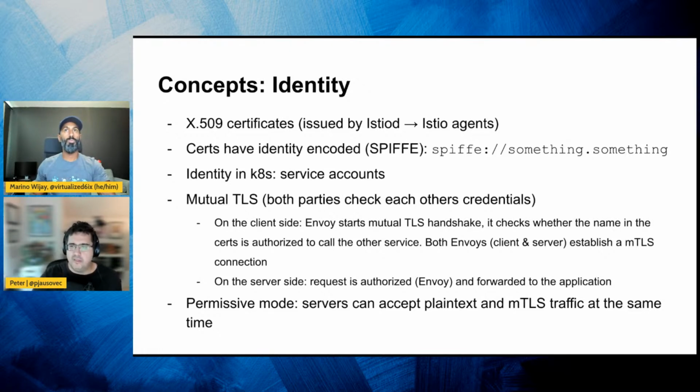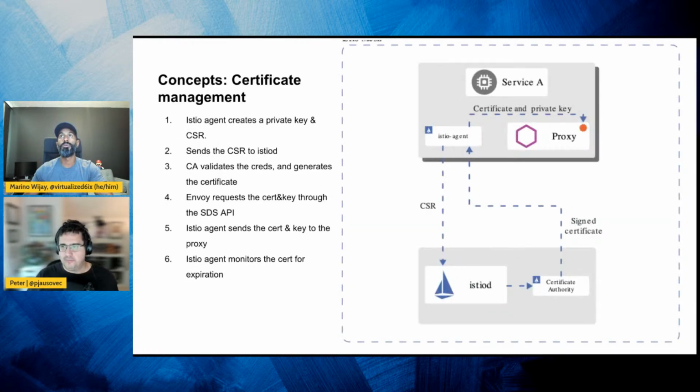Once I onboard these workloads, I can start making the mutual TLS connection from the client side, right? And then turn off plain text and switch to so-called strict mode, where only mutual TLS traffic is allowed.